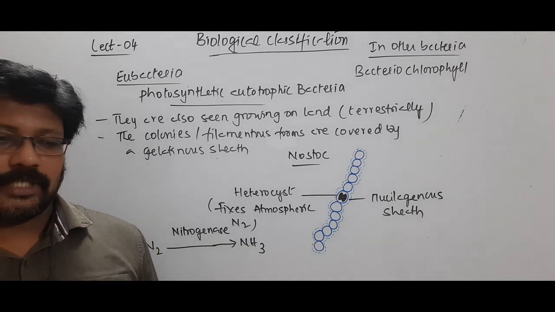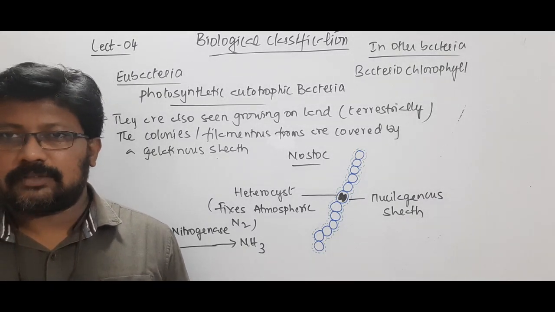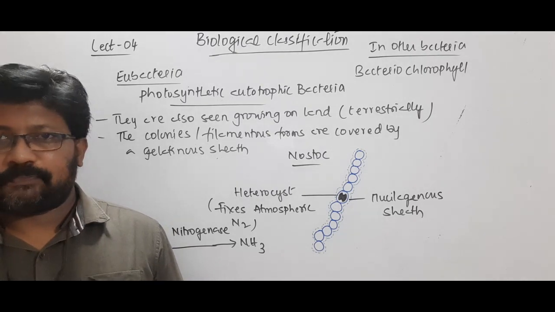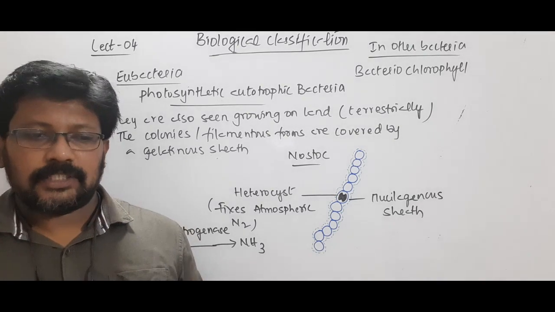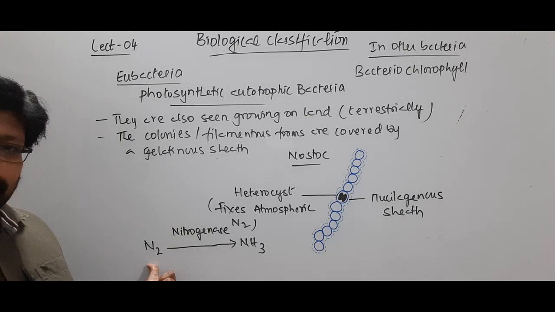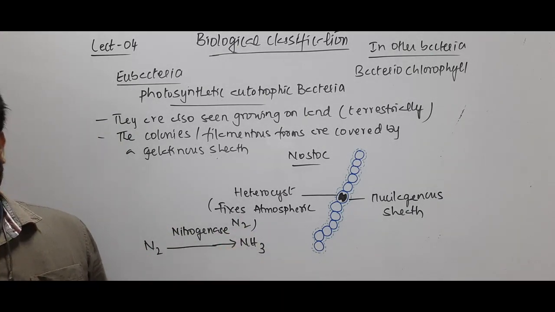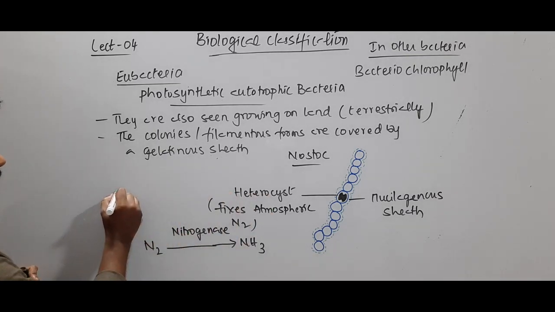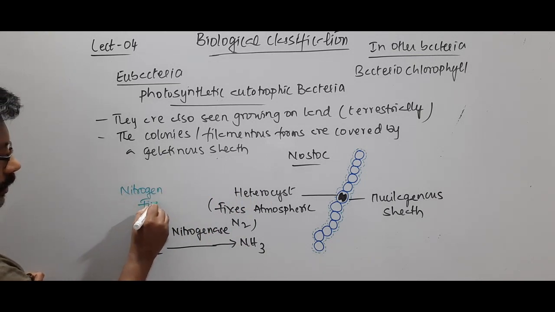Nitrogen is an important component in many biomolecules, like in the case of DNA. That's an example I have given. Later, in the chapter on biomolecules, we'll see many other examples. So here the conversion of nitrogen into ammonia is what we call fixing nitrogen, or nitrogen fixation.